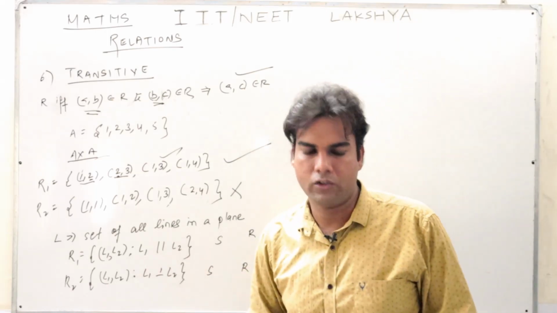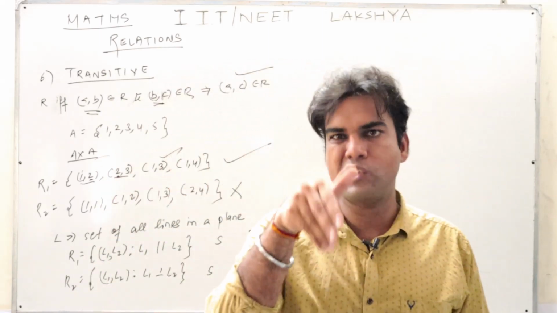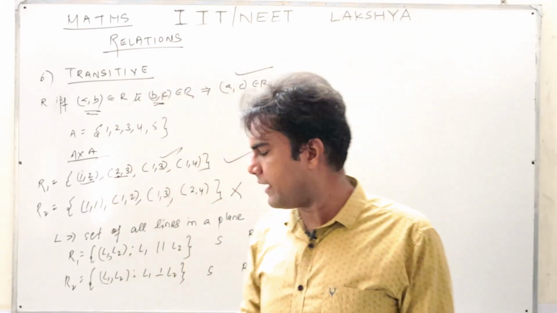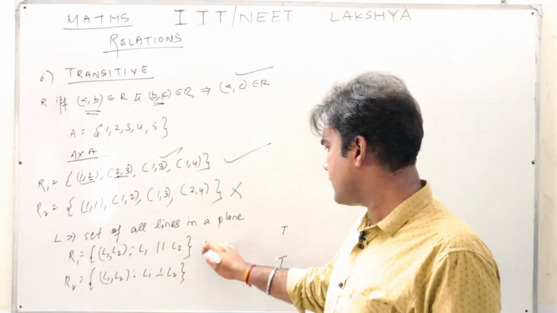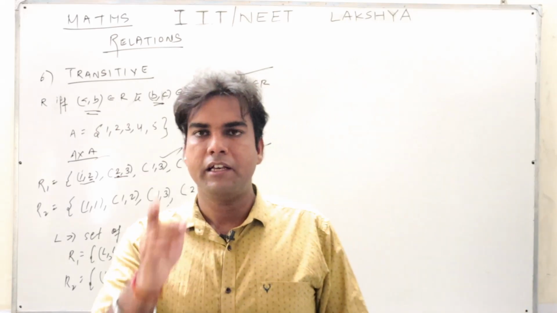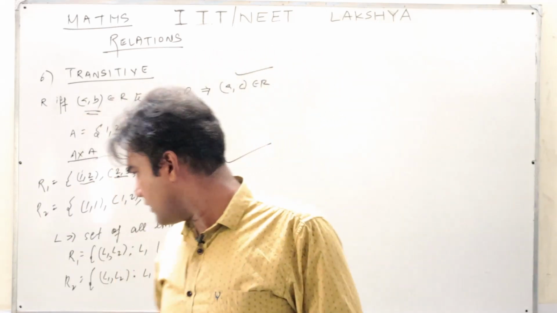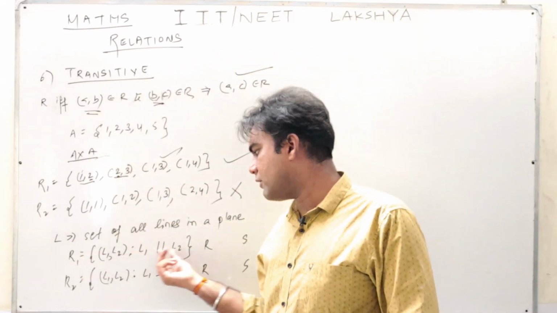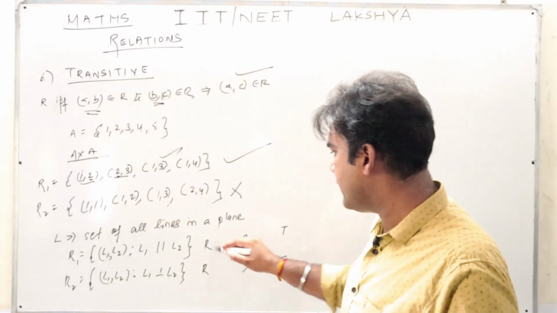L1 is parallel to L2. A line is parallel to itself; everyone knows two coincident lines we can also call parallel lines. Let me make the order like this: reflexive, symmetric, transitive. Reflexive means if element A is there, then AA should be there. Your relation is L1 parallel to L2, which means every line is parallel to itself, so it is reflexive.